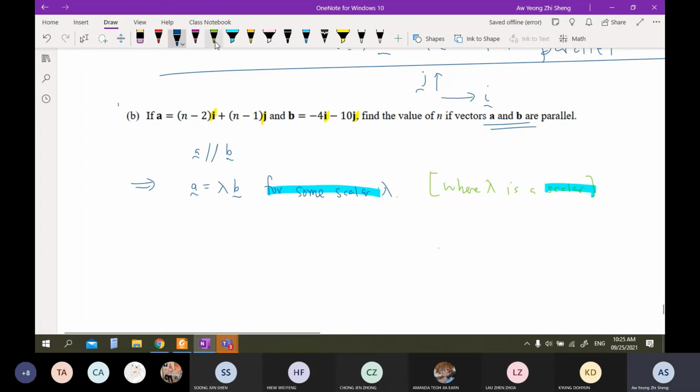Next, sub in your A and B. It will be lambda times minus 4i minus 10j.